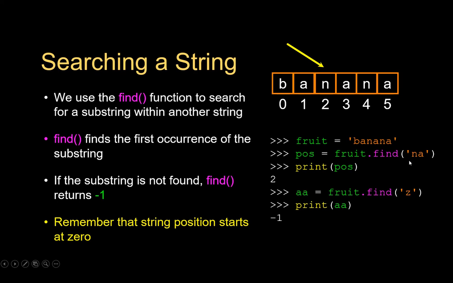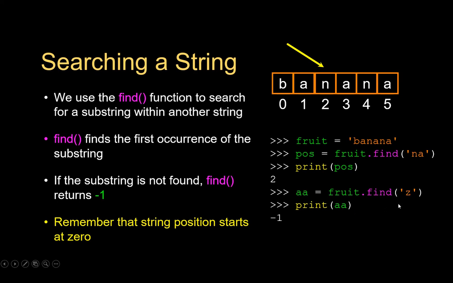Basically, this method is going to find the position of this substring. So it goes to the string, it looks for NA, it finds NA, and the location of it is 0, 1, 2. So the output of this would be 2, the location of the first NA inside our string.